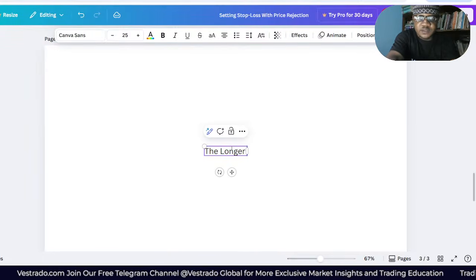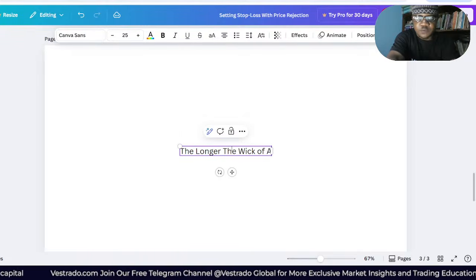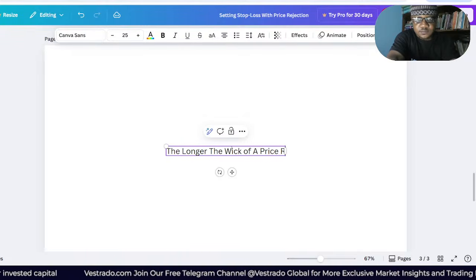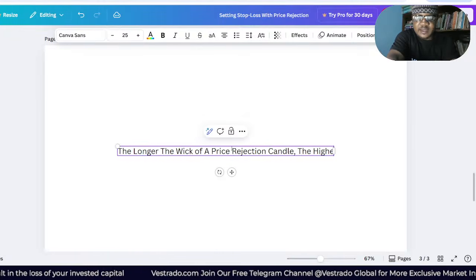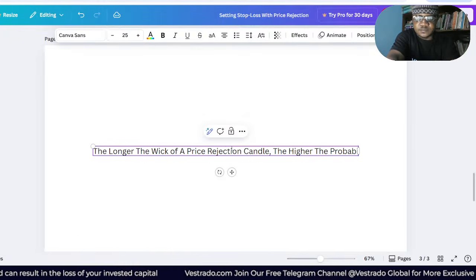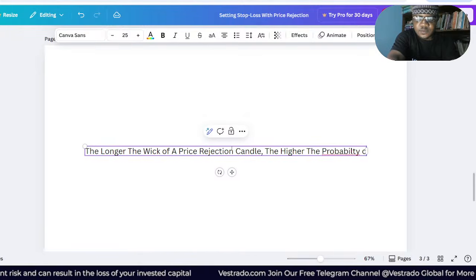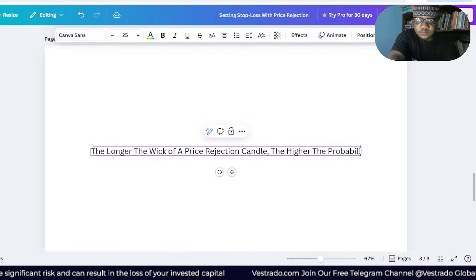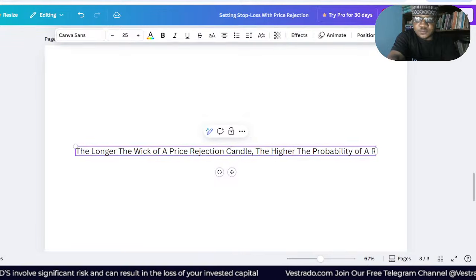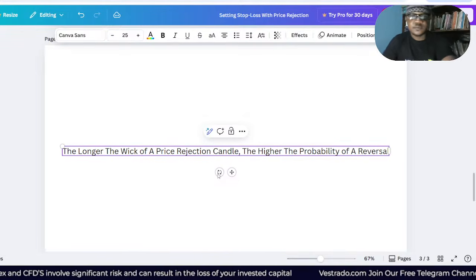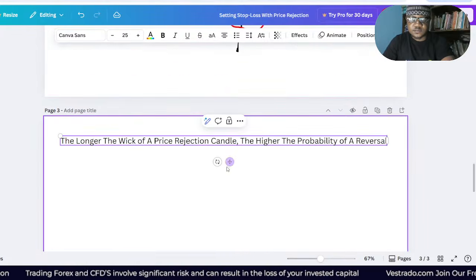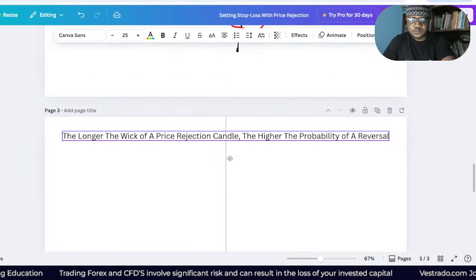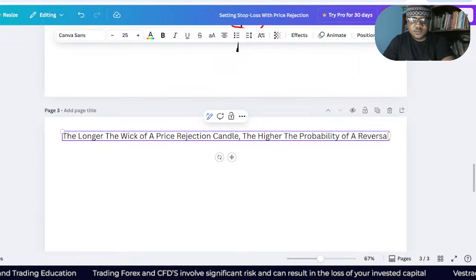The longer the wick of a price rejection candle, the higher the probability of a reversal. Right? Okay. So this is it.